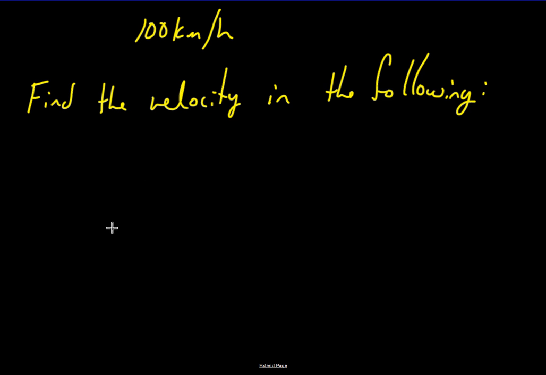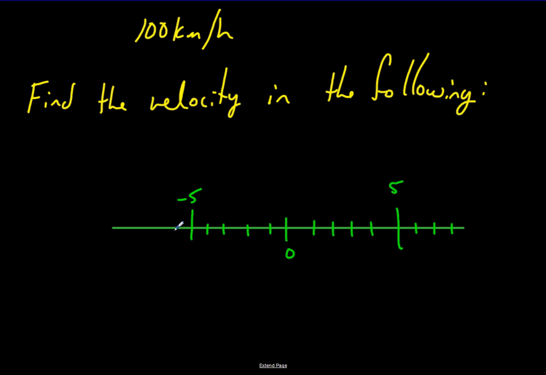Love the number line. Put a little spot called the origin. We got 1, 2, 3, 4, 5, 6, 7, 8. That's probably good enough. We have negative 1, 2, 3, 4, 5, 6, 7, 8, 9.